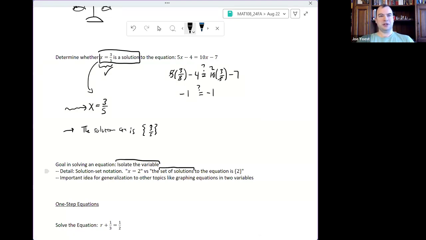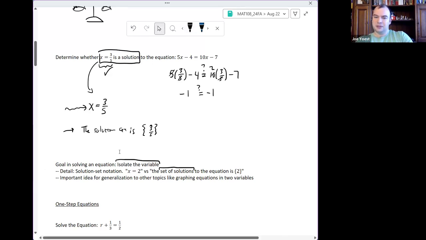I think it's a bit overkill for, say, linear equations though. It's a tool, but it's kind of like a sledgehammer. You don't use a sledgehammer to pound in a little nail to hang a picture. So we don't really need this whole idea of solution set notation at this point, but just be aware that that is out there.